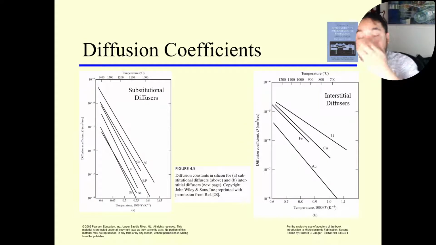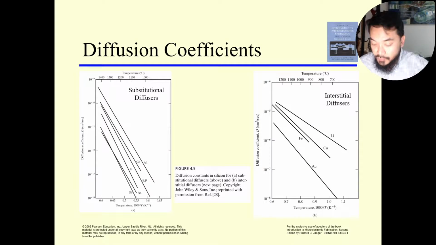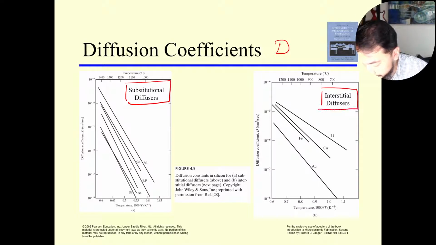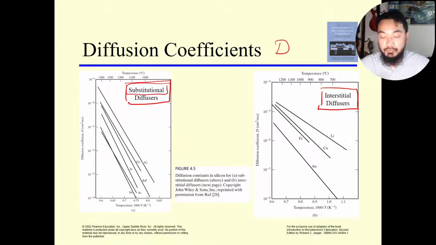Okay, so now that we have looked at the mathematical model of two different types of diffusion, constant source and limited source, the diffusion coefficient itself, the D value, depends on what type of diffusion we are doing, whether substitutional diffusion or interstitial. Remember that we always prefer substitutional. Why? Because substitutional involves covalent bonding between the impurity atom and the silicon atom.